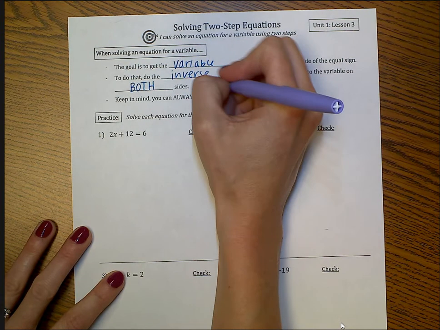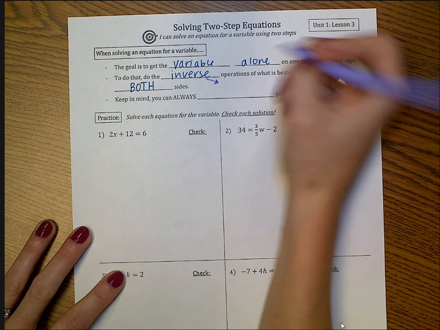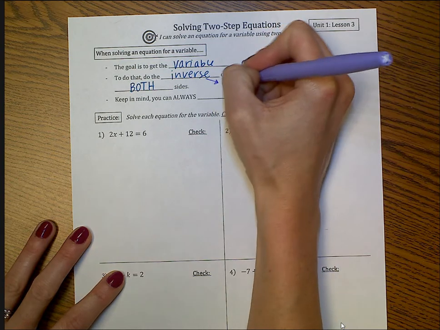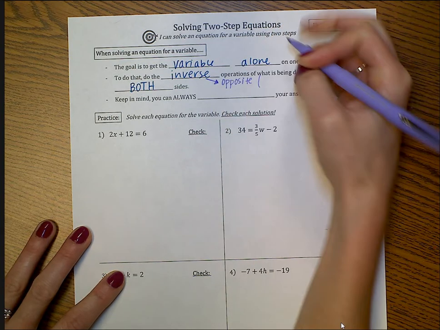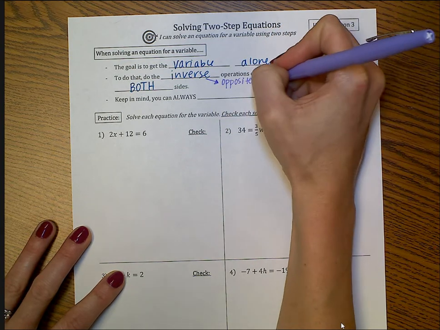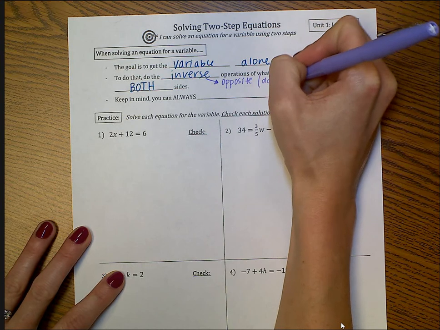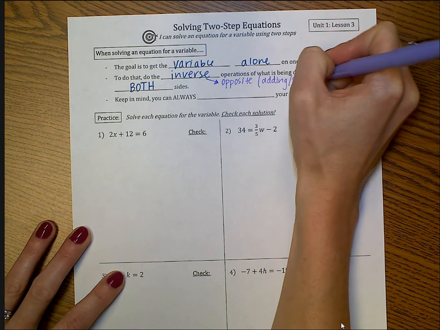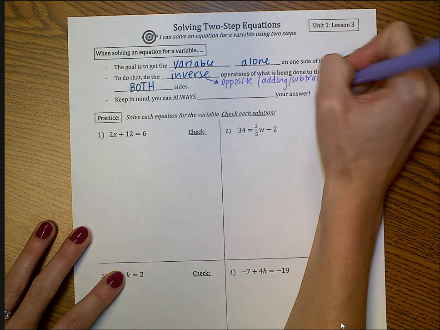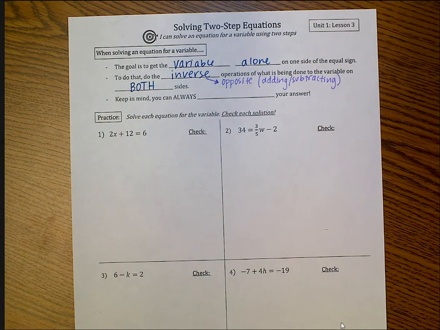Now, inverse, make a little note maybe, that just means do the opposite. So what I mean by that, like adding and subtracting, those would be opposite operations or inverse operations. Multiplying and dividing, those are inverse operations.